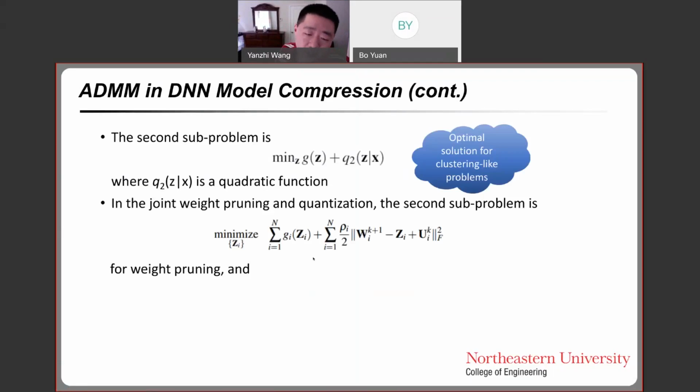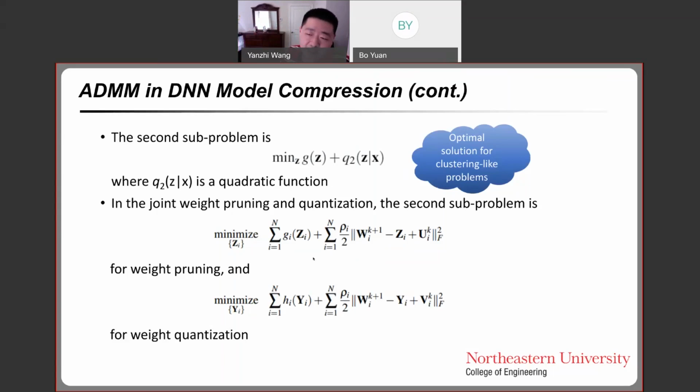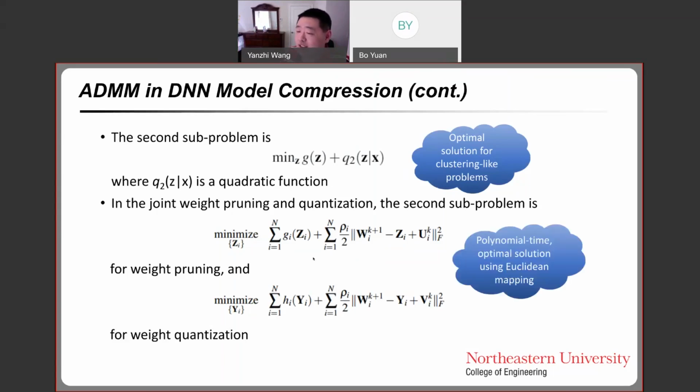For weight pruning, we are given w and we find z, and for weight quantization, we are given w and we find y. Both have a polynomial-time optimal solution, which is Euclidean mapping. Theoretically, there is an optimal solution here. We found this optimal solution through the Euclidean mapping, which really has no intellectual merit, because in theory there is an optimal solution in these cases.